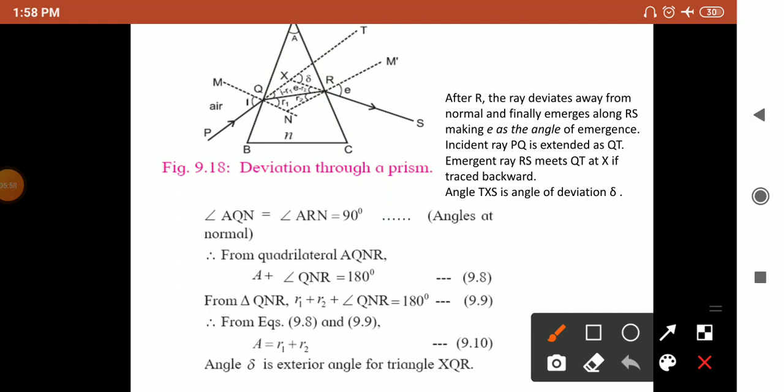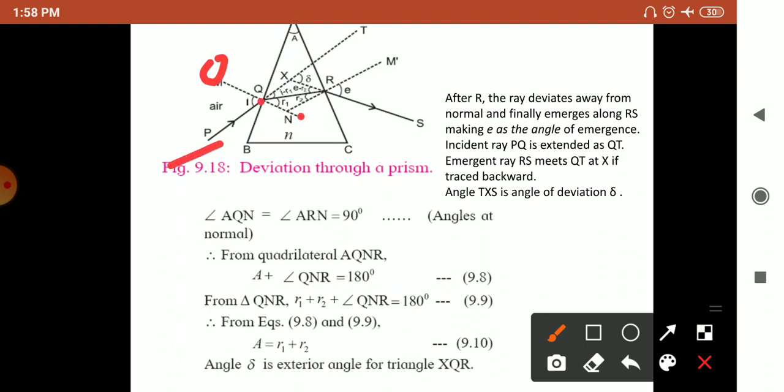Then a monochromatic light ray PQ obliquely strikes the first refracting surface AB, and the normal passing through the point of incidence Q is MQN.